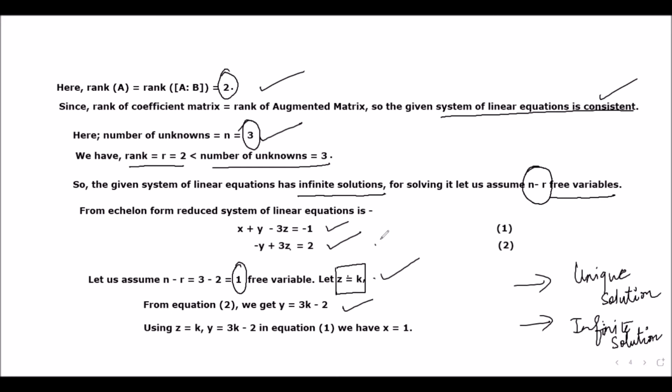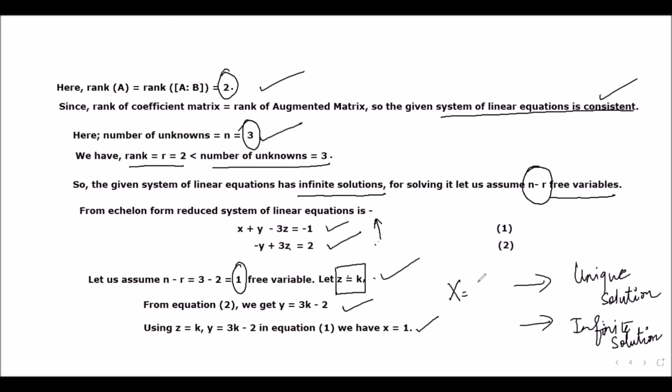If I move backward from the second equation to the first equation and put z as k and y as 3k minus 2, I can find x. It's a simple calculation, and we get x as 1. x does not depend on k.